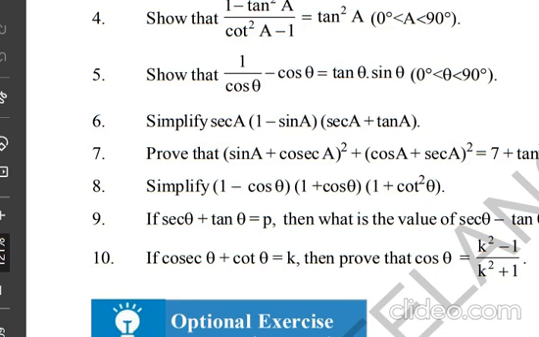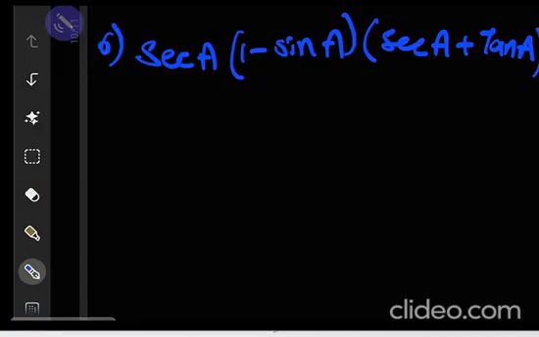Secant A into 1 minus sin A, into secant A plus tan A. We have to just simplify this one.